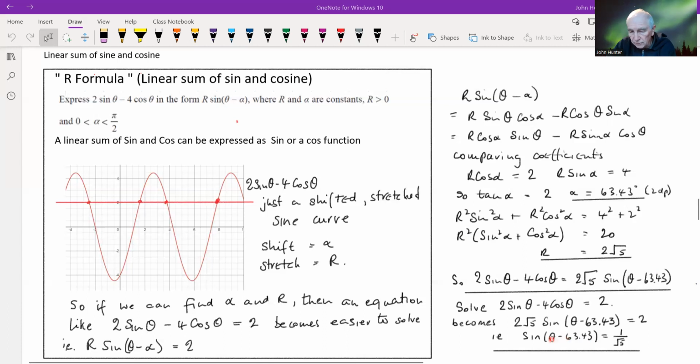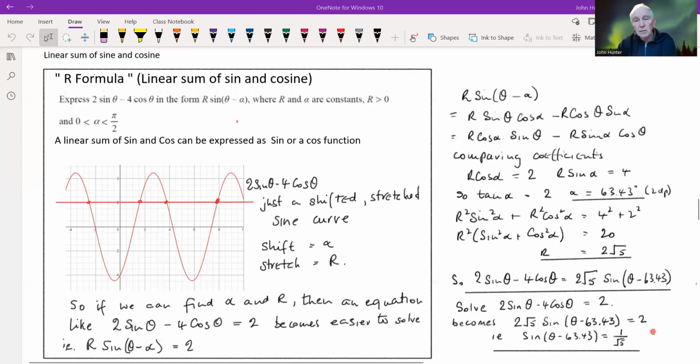I've not worked this one right through, but sine of theta minus 63.43 equals 1 over root 5. So this is a single function equation now, and we can just solve it using the method we used before. Okay, so that is basically it.